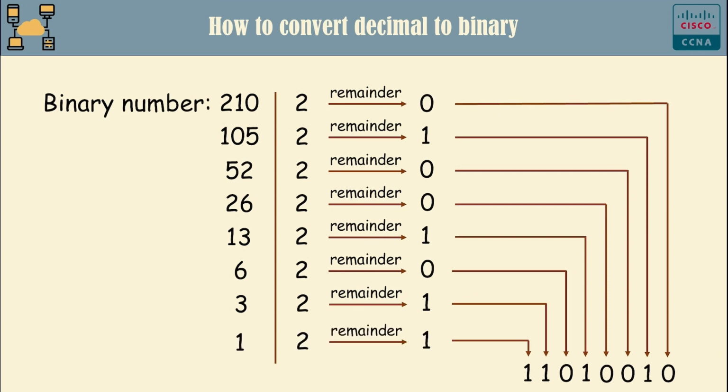Write down the remainders from bottom to top. These will be the binary digits representing the decimal number. The binary representation of 210 is 11010010.